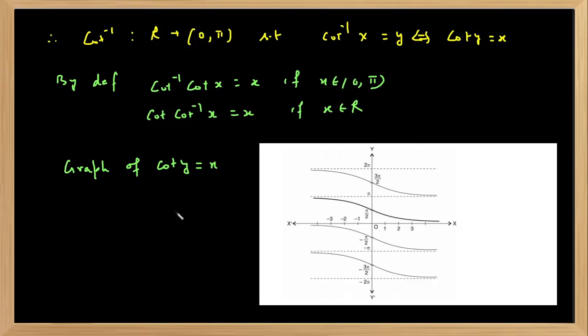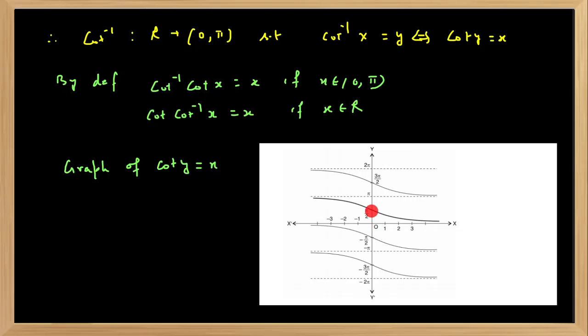This is the graph of cot y is equal to x. Cot pi by 2 is 0. So cot inverse 0 is pi by 2.